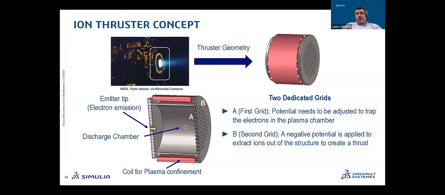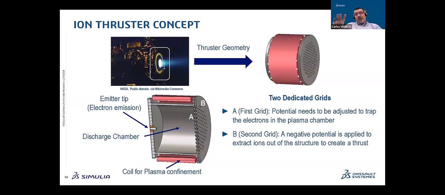And then basically you are forming a plasma in there. The kinetic approach of the plasma is dominated by the collisions between the different species created, okay? And of course, you need to have a coil, in this case, for the plasma confinement to ensure that the electron plasma is confined inside the discharge chamber.